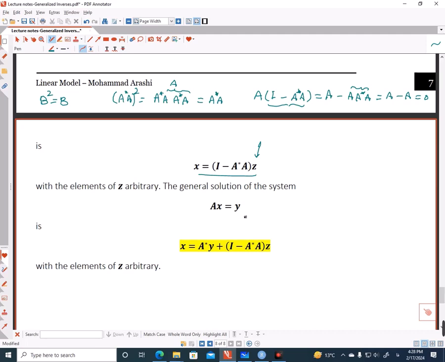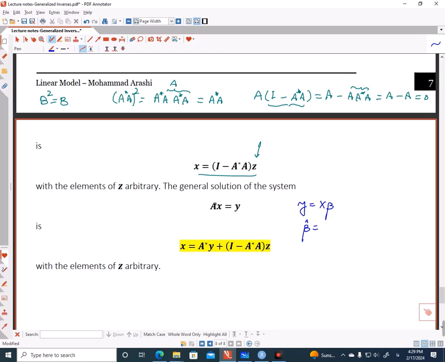Now let's go to the relation here. If you recall from the common notation of regression modeling, then we have y equal to x beta. I want to show that the estimator for beta, which is beta hat, has a specific structure.